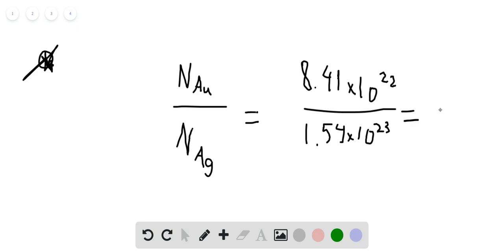This is equal to 0.548. And that's the answer they give in the manual, which is the ratio between the number of gold particles and the number of silver particles. So there's about twice as many particles in the silver ring. That's it for this one.